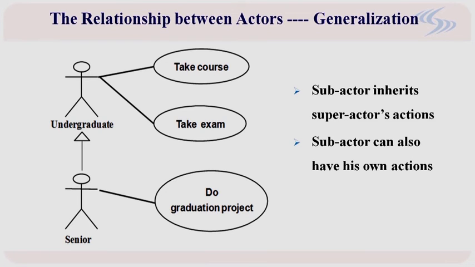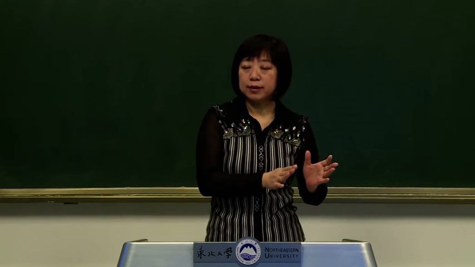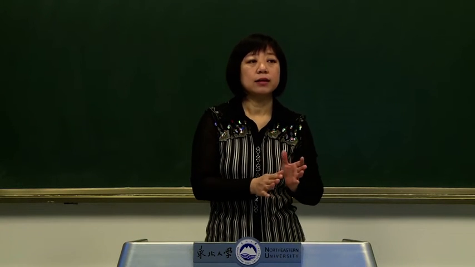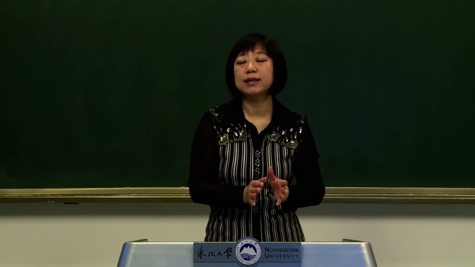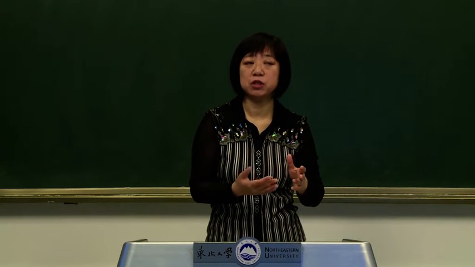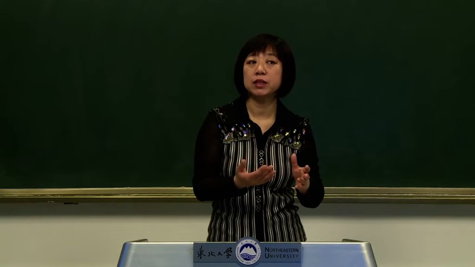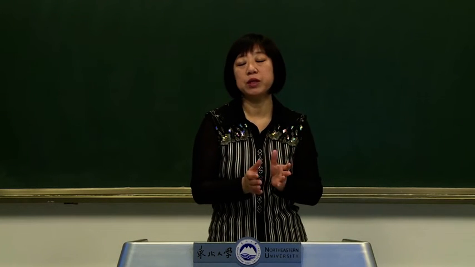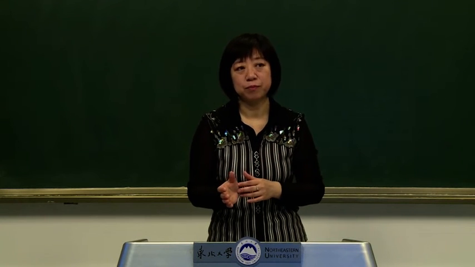Okay, next. Let's discuss the relationship between actors. So far, we have understood that actors are something external to the target system. That means maybe some persons, or some machine, or some existing software system which will interact with the target system.